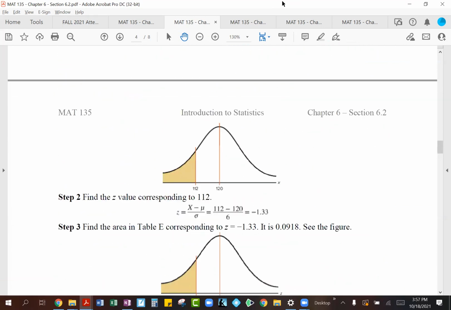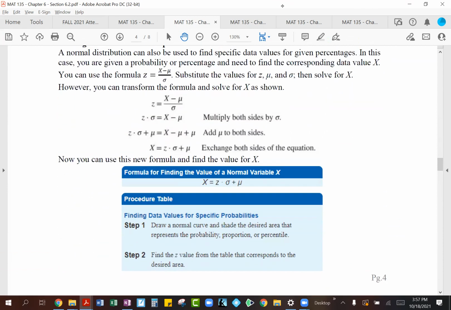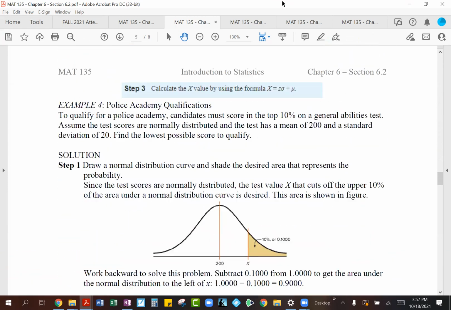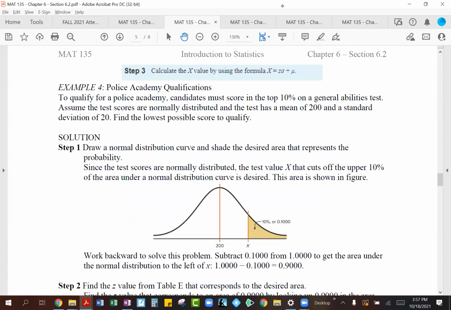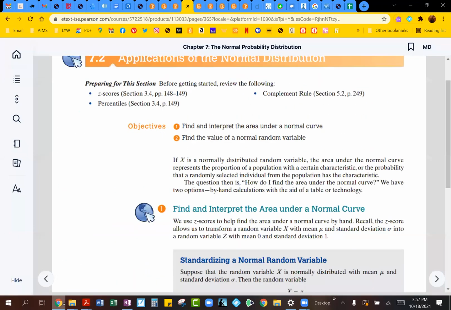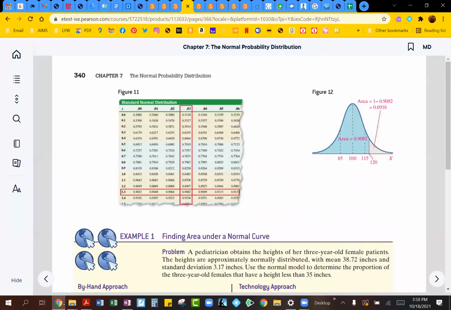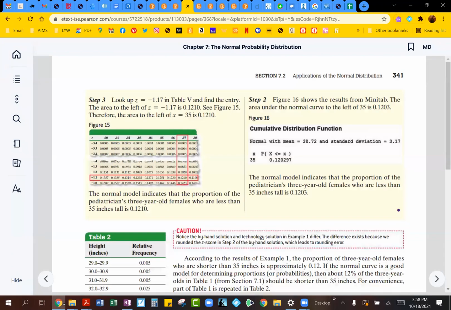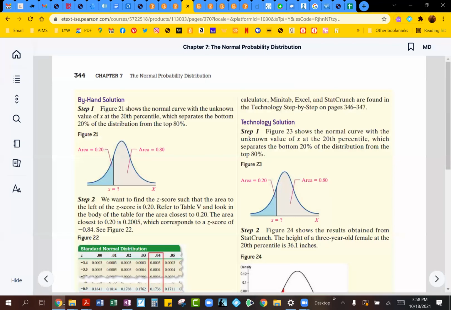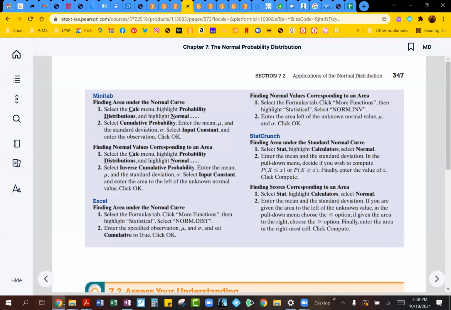So again, you will see there's tons of different examples here in your handout to help you find those probabilities or those areas. So let's pick an example from your textbook over here. And again, there's a lot of good information in your textbook.